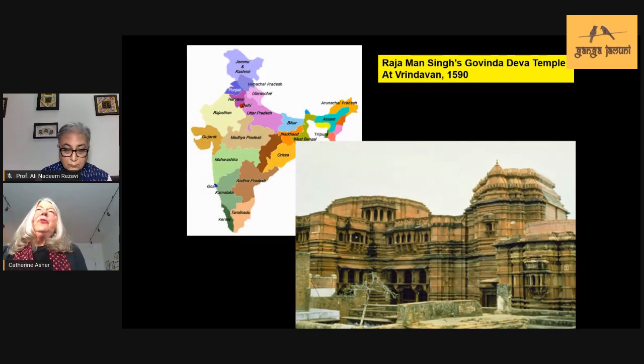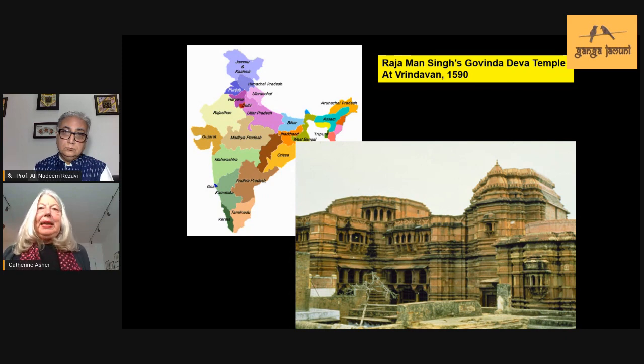His most famous temple for sure is the Govinda Deva temple at Vrindavan, which he built, or at least started, in 1590. The temple is enormous. It's about 80 meters long. It's impossible to get a decent photograph.